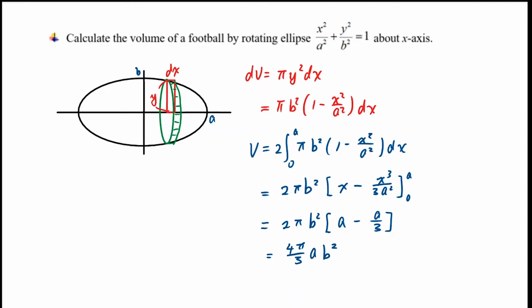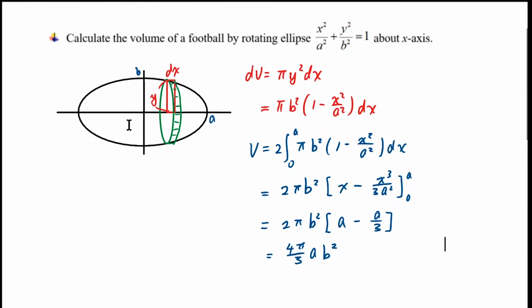Is that an obvious answer or is it a surprising answer? If you think about it, if a and b are the same, then this thing becomes a sphere, correct? So if a and b are the same, both become r, then it's 4/3 pi r cubed. So same as before. You know what I'm saying?